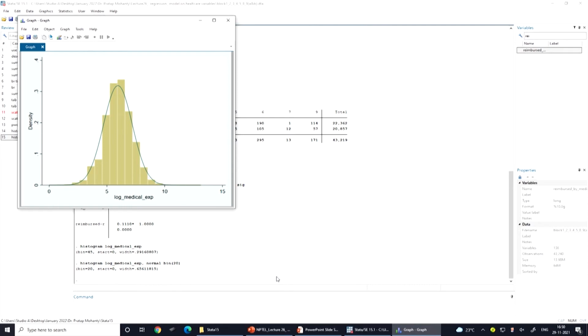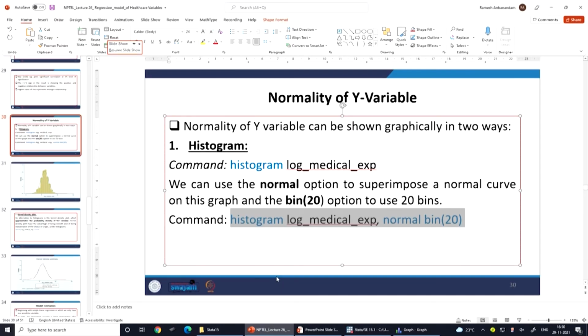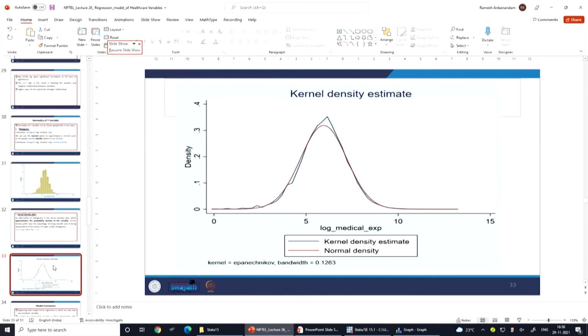Now you can identify whether the graph is approximating a normal distribution or not. This seems to be a kind of elliptic diagram, and it is more symmetric. Though not mesokurtic, it is elliptic, but it has the normality assumptions fulfilled.